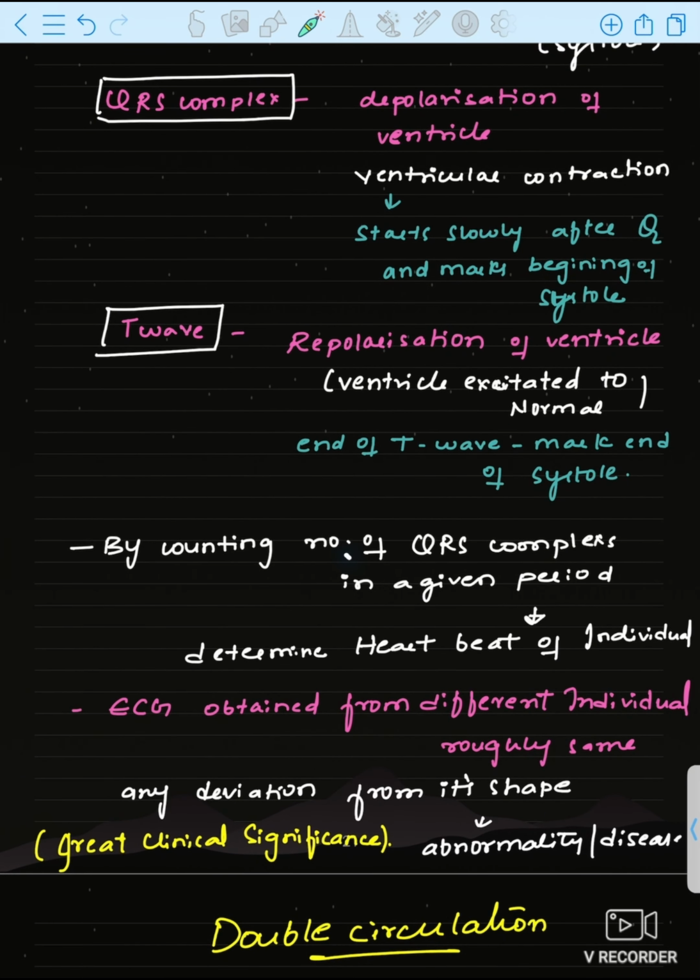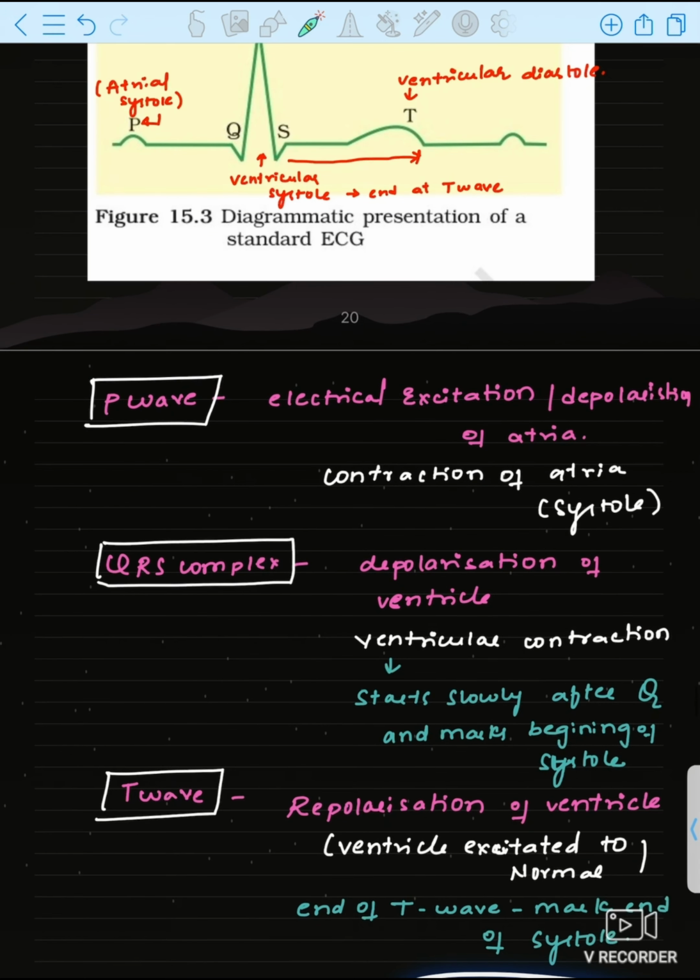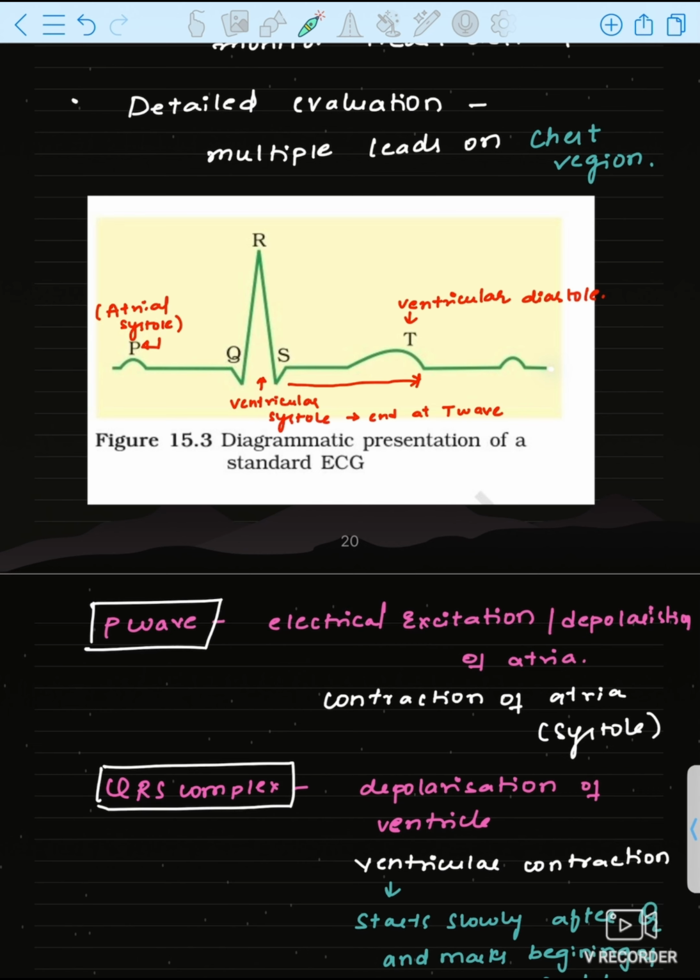Here you can see, by counting the number of QRS complexes in a given period, we can determine the heartbeat of an individual. In an ECG, many QRS complexes will be there. P wave, QRS complex, T wave, then P wave, QRS complex.